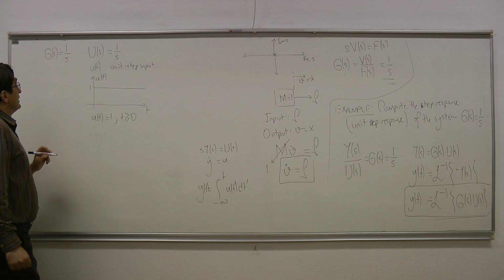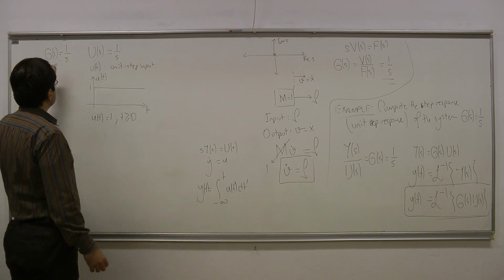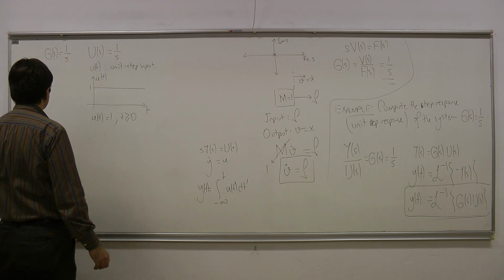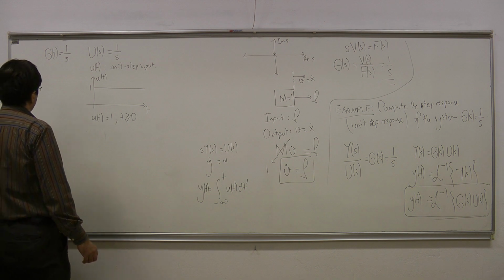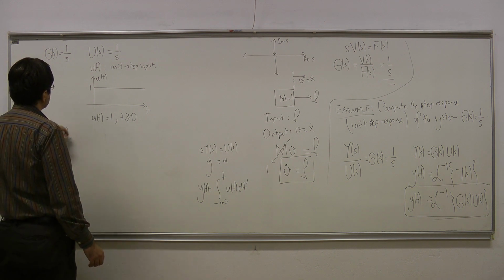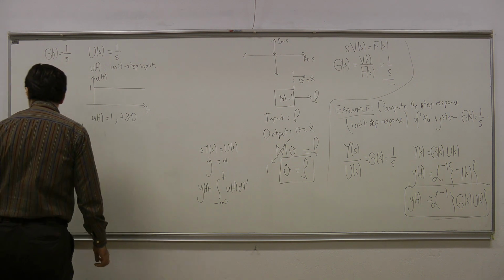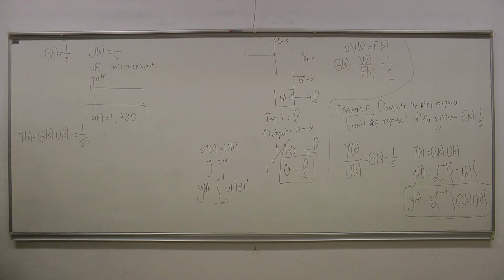Calculating the unit step response means that I need to multiply these two Laplace transforms, and Y of s, the Laplace transform of the output, would become the multiplication of these two functions. It is going to be 1 over s squared.